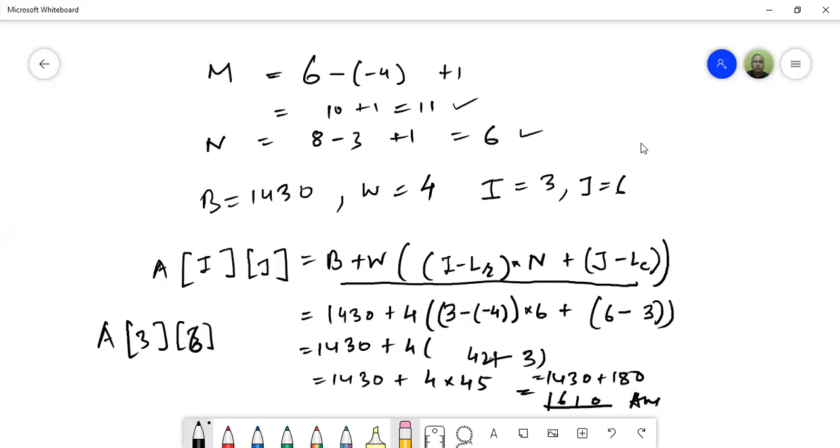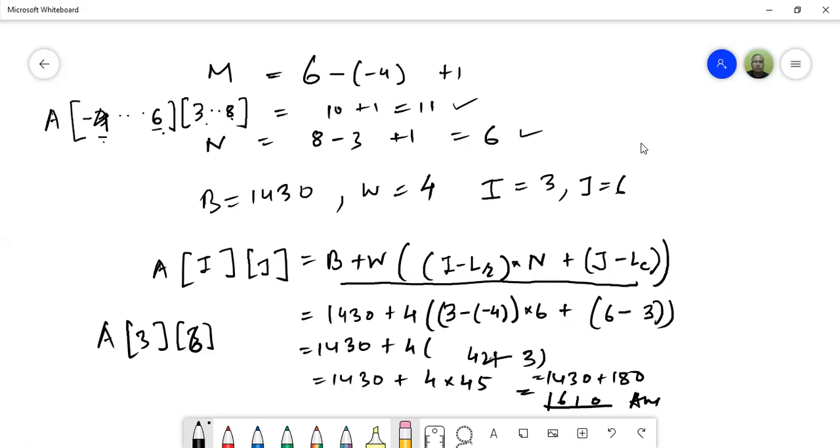Yes, sir. Okay. Now the question, if you see the question, they have given that the array has the upper and the lower limit as -4 and 6 for the row, and 3 up to 8. Now these are the indexes. The first index and the last index of row, first index and last index of the column.